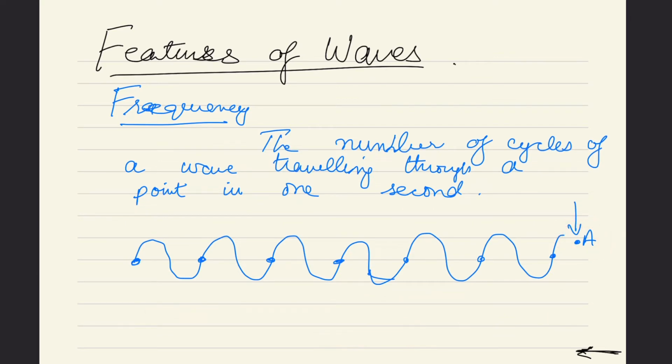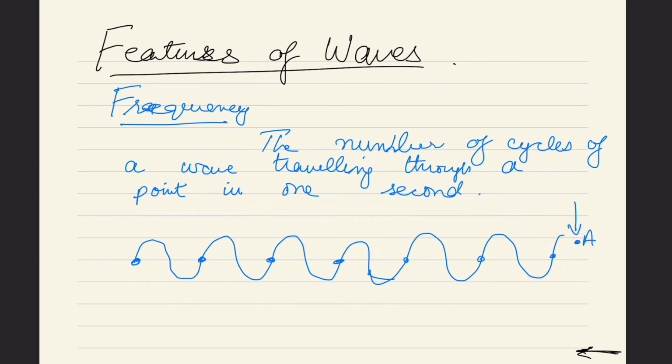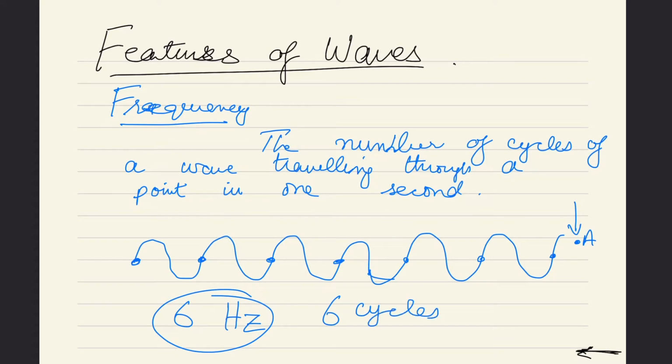So we can say the frequency of this wave is 6 Hertz. Why 6 Hertz? Because there are 6 cycles passing through A in 1 second.